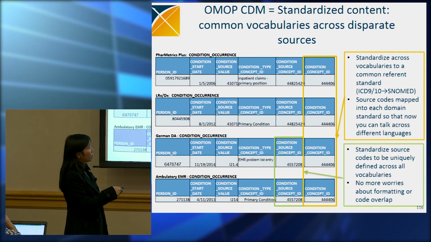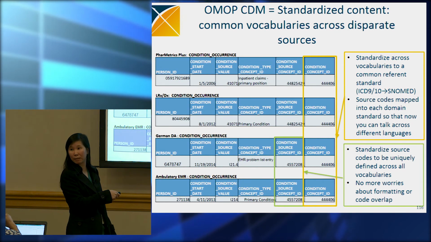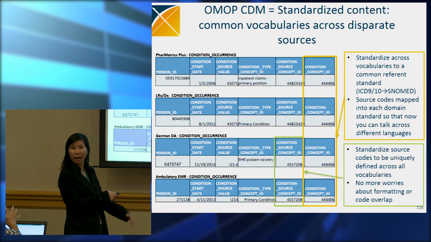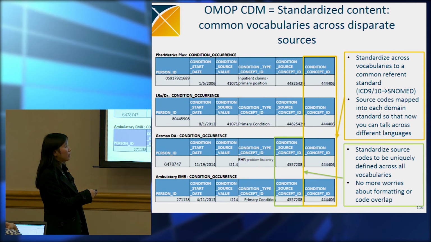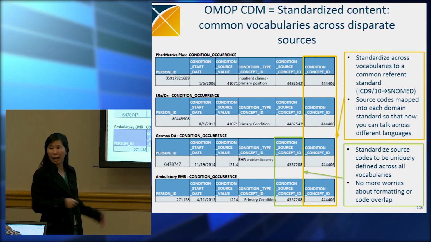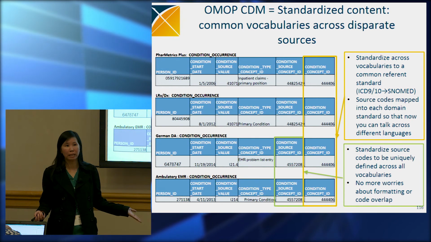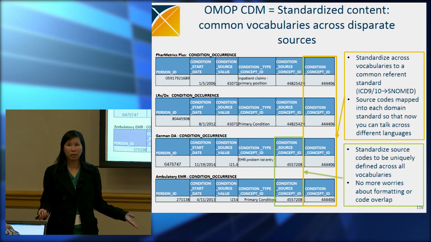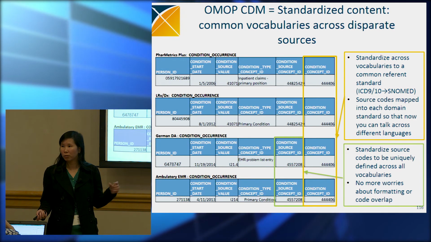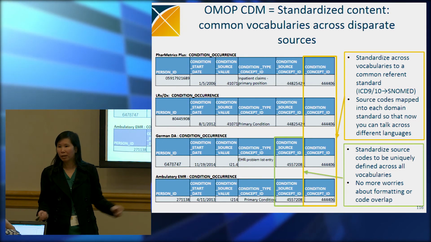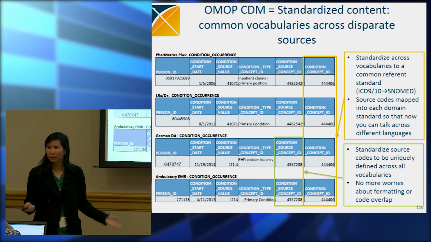But these 2 down here have the same condition source concept ID. So without having to know that this guy has a dot and this guy doesn't, I can query across all 4 of these easily within seconds. All I have to do is change the database connection and kaboom, I got it.